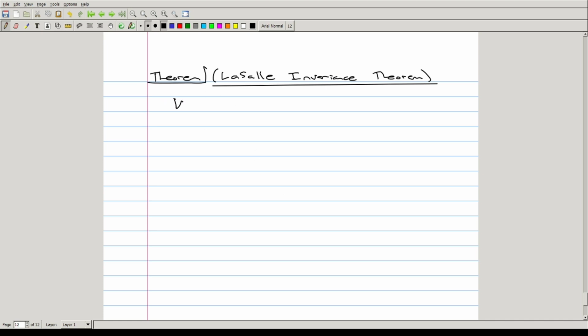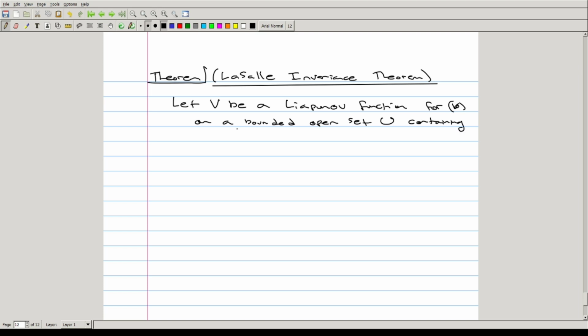And again, we have, let V be a Lyapunov function for the differential equation system star on a bounded open set U containing an equilibrium point xi star.